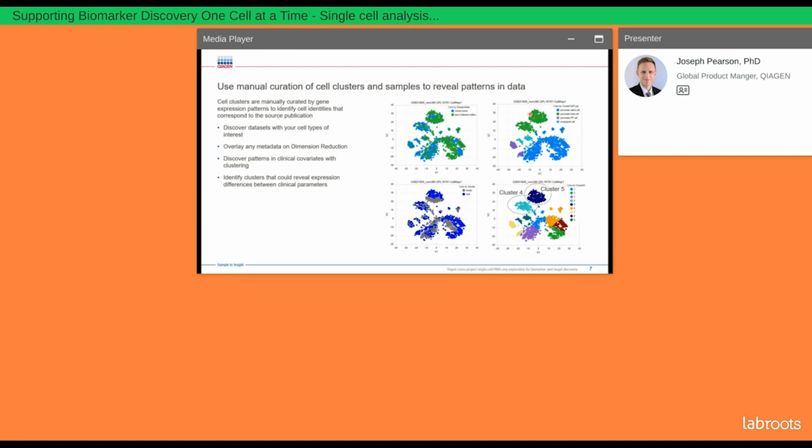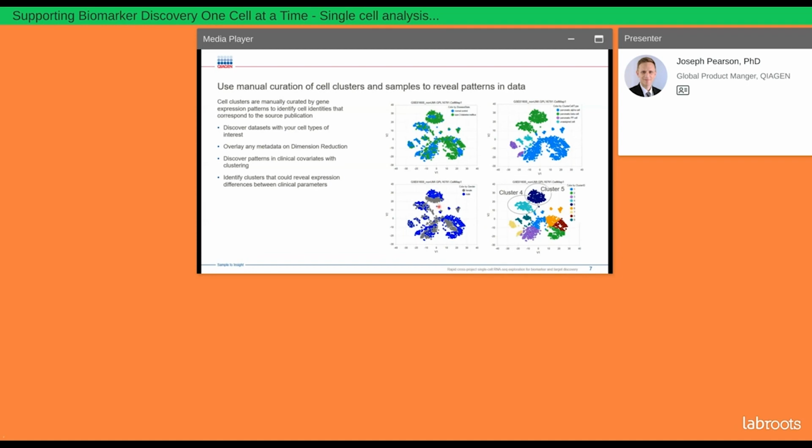But through the interface, you can also change the expression overlay and look at the clinical parameters, such as disease state, to reveal that one cluster, cluster 4, is populated primarily of pancreatic beta cells from normal control, whereas the other cluster, cluster 5, is populated primarily from type 2 diabetes.